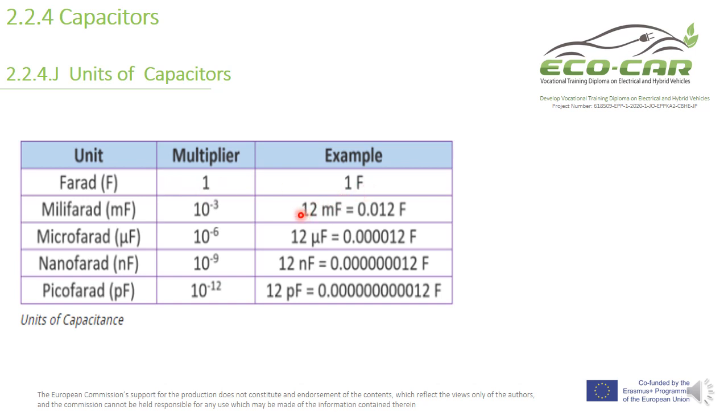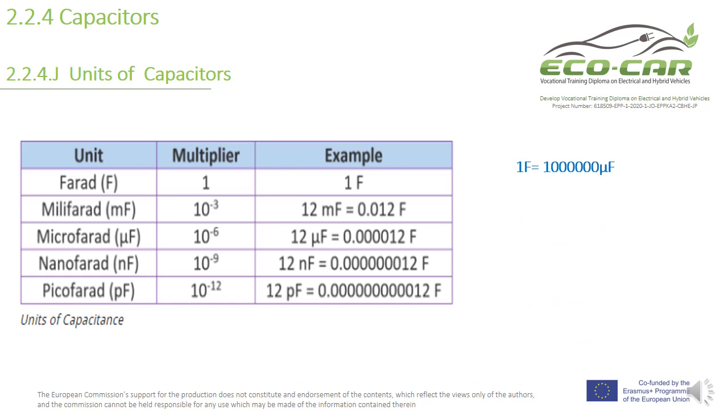For example, 12 microfarad means 0.000012 farad, and 12 nanofarad is very, very small in farad. As we go from micro to nano to pico, it means smaller capacitance of the capacitor.